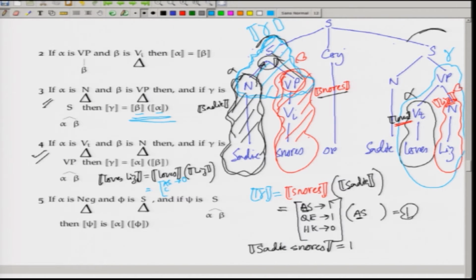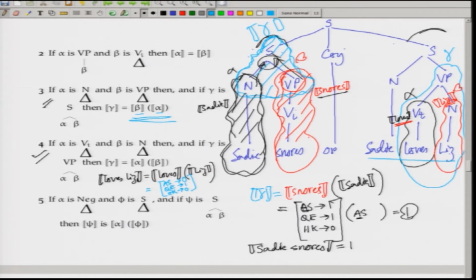This is the reference of loves Liz. So, it is not a truth value, it is another function. It is because loves Liz is not a sentence, it is just a part of the sentence we are considering. We are considering the sentence Sadie loves Liz, right.